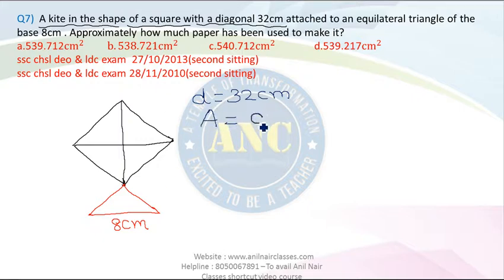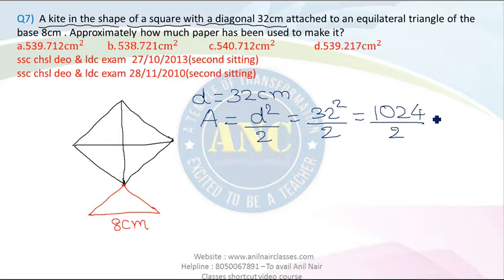Area is nothing but diagonal square divided by 2. 32 square divided by 2. 32 square is 1024 divided by 2. It is 512. That means this entire green color kite is having an area of 512 centimeter square.